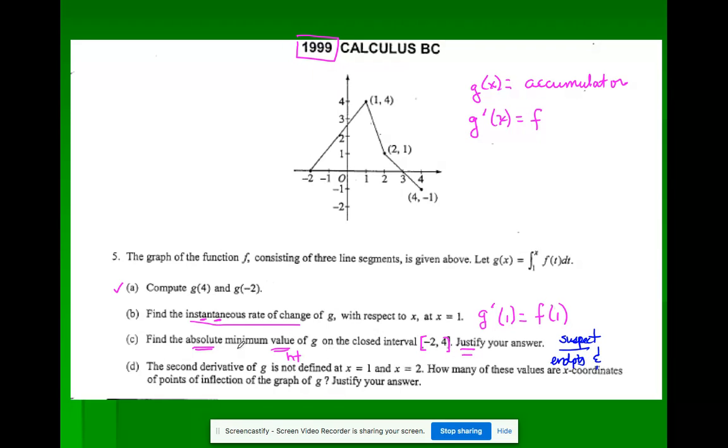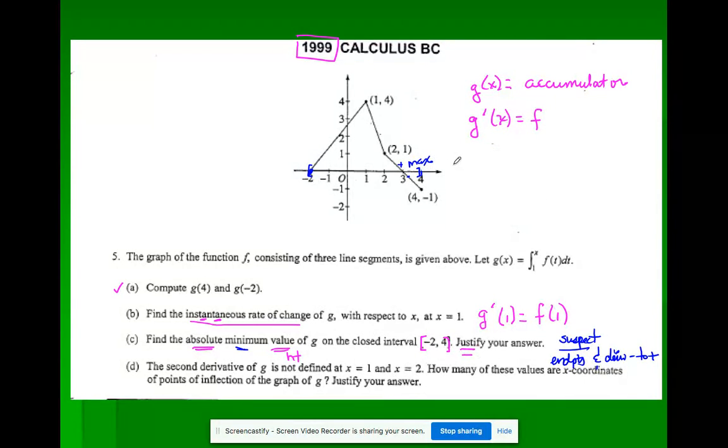So where the derivative changes from negative to positive. Okay? And then don't forget to justify which one of those, right? You have two endpoints. So you've got x equals -2, x equals 4 are your two endpoints. And then just like the problem before, you don't have any interior candidates, do you? Because the derivative only changes from positive to negative in the interior, which is a maximum, and they asked you to look for a minimum.